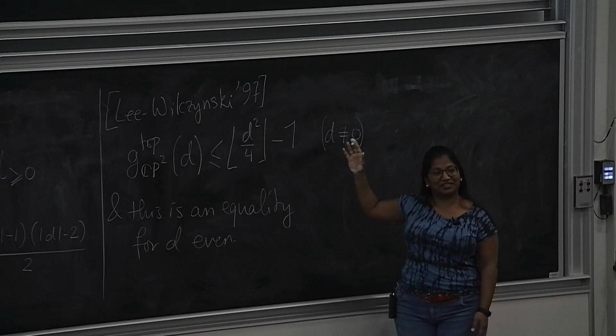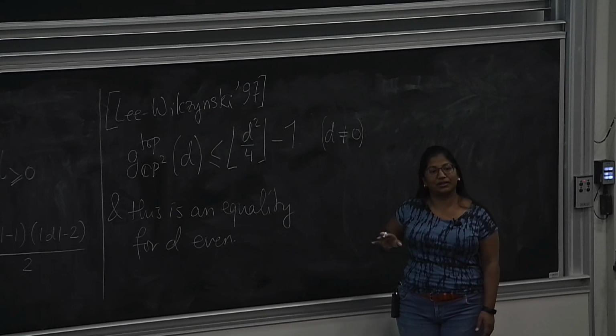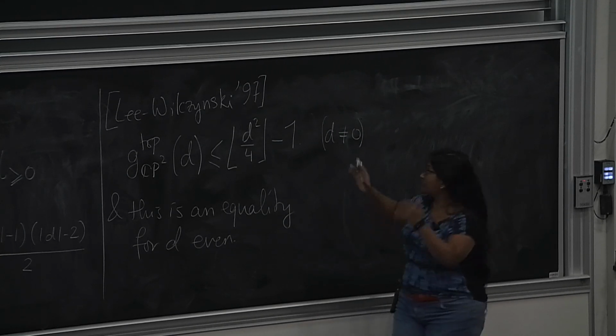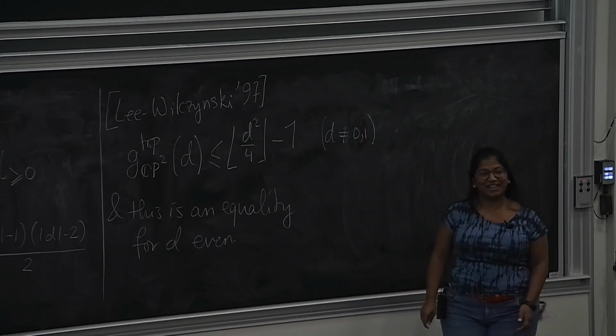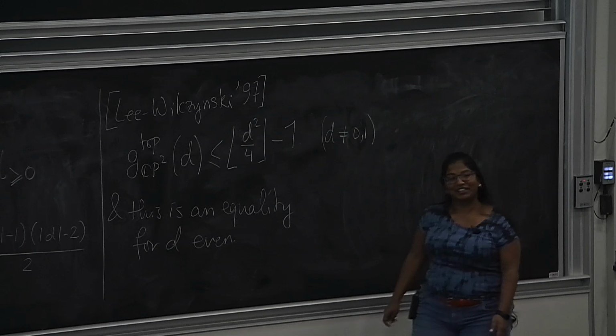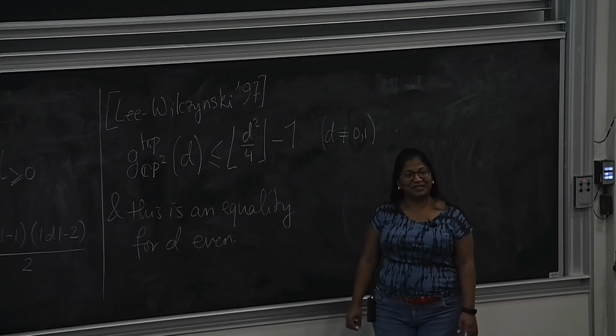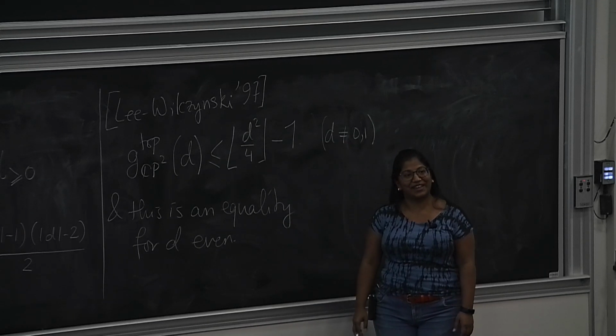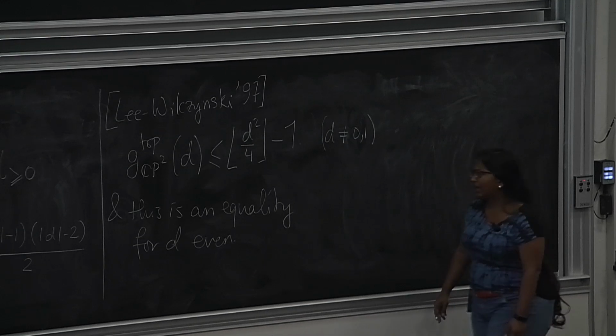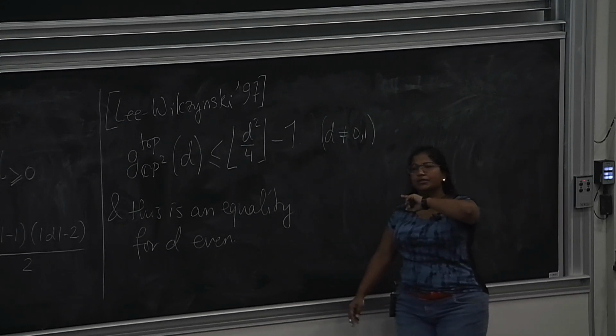You should not consider that formula for d equal to 0 or d equal to 1. Is that okay? Okay. But the formula works for infinitely many cases of d, and I'll still hold on to that. This answers your question over in the corner, I hope.